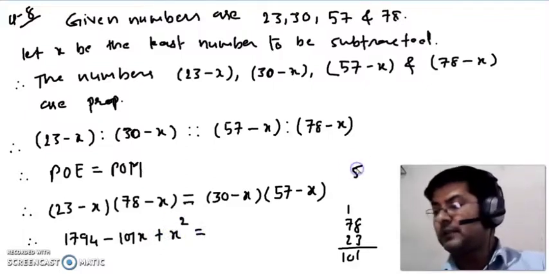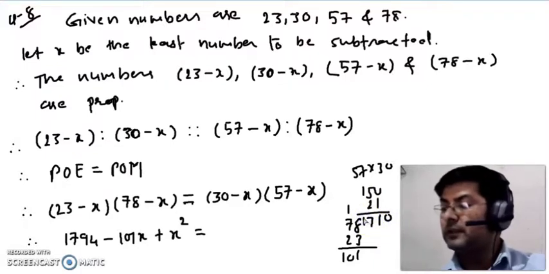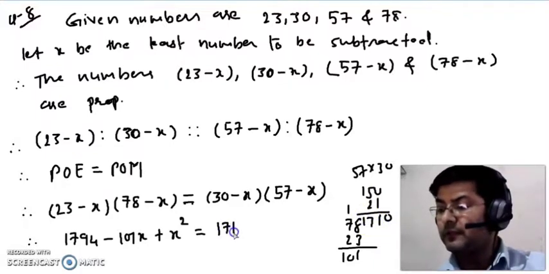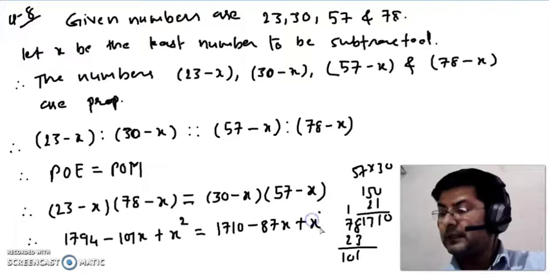Again 57 into 30 is 1710, and 57 plus 30 is 87, so minus 87x plus x square.